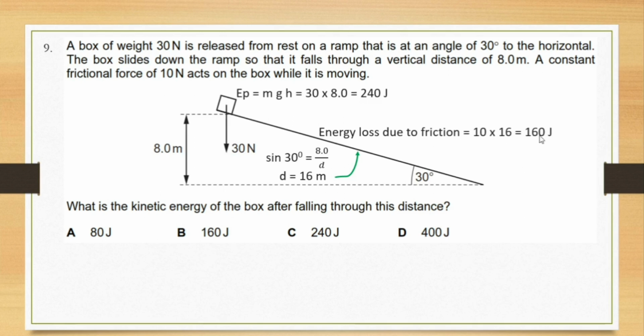Then it is equal to 160 joules. So here at the bottom of the ramp, there is kinetic energy only because the potential energy is 0 here. It is equal to 240 minus the energy lost due to friction, 160. It will be equal to 80 joules. So the answer is A.